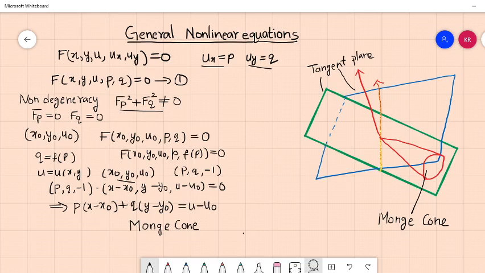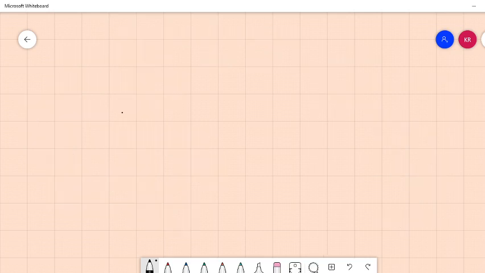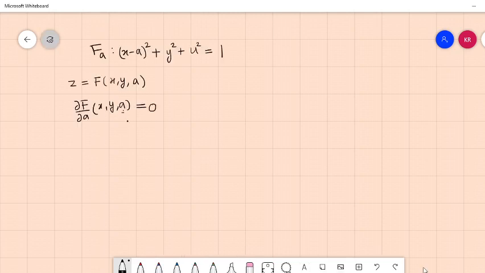So now we will see how we are generating the Monge cone from a family of tangent planes. For example, consider a one parameter family of spheres. Suppose I denote it by F_a. So the equation is (x minus a) whole square plus y square plus u square equal to 1.